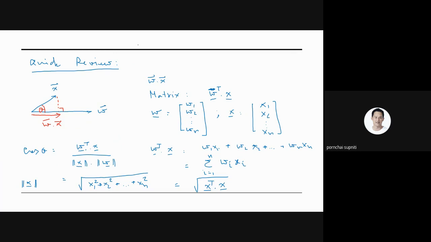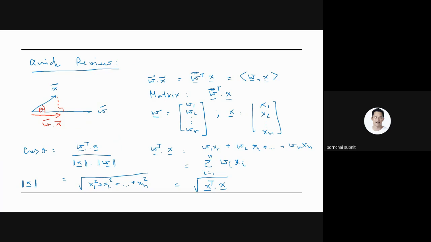So instead of writing like this, we can write these together, w transpose times x. We can also write it like this, w and then x.